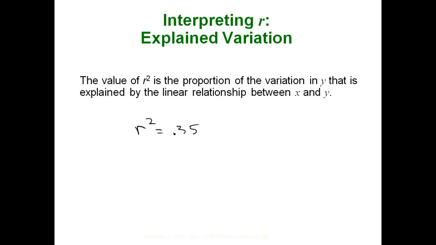Then that means, according to the data, according to the sample that we have, 35% of the variability, right? 35% of the changes in salaries observed in our sample can be somehow attributed or explained by the variability in X, i.e. the years of school.